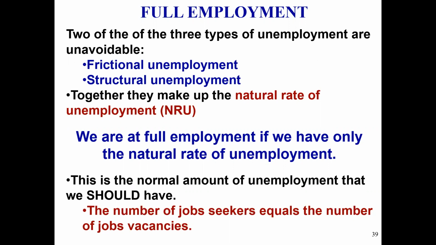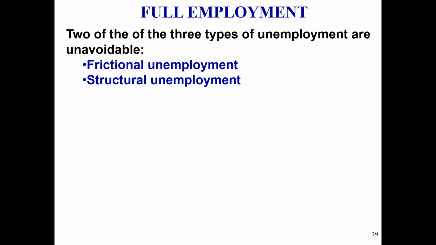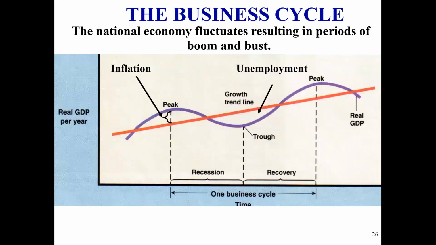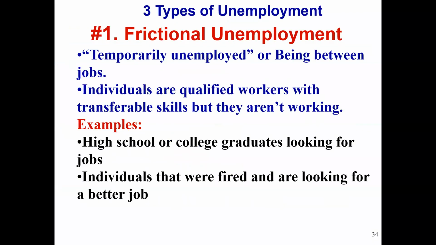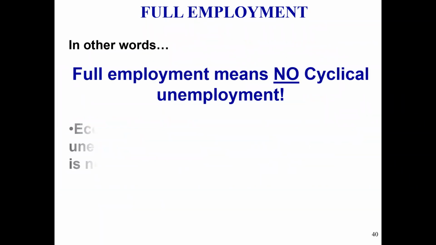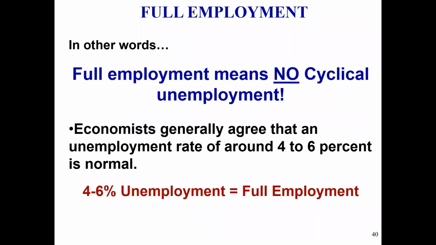Now, when you're at full employment, you're like where the blue hits that red line. You're at potential output right there. Okay. I'll go back. All right. Okay. Full employment means no cyclical unemployment.